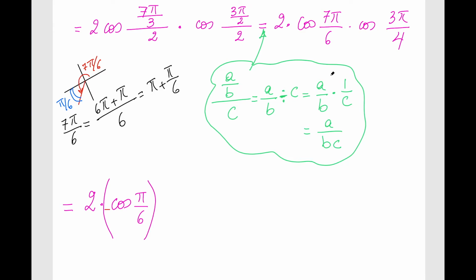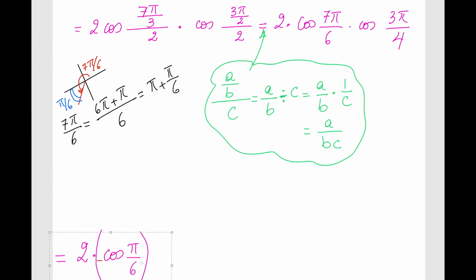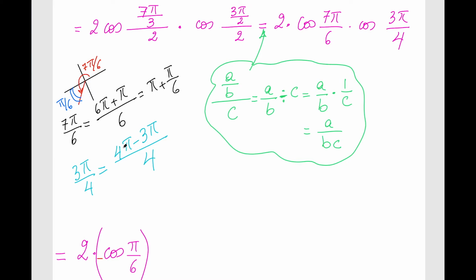Well, 3 pi over 4 is, let me do the same discussion. How about I move this a little down? Let's choose a different color. How about this color, blue? So now I'm discussing 3 pi over 4. Well, 3 pi over 4 is 4 pi minus 3 pi over 4, right? I'm rewriting this numerator as 4 pi minus, sorry, this is wrong. So it's 4 pi minus 1 pi, right? Sorry about this.